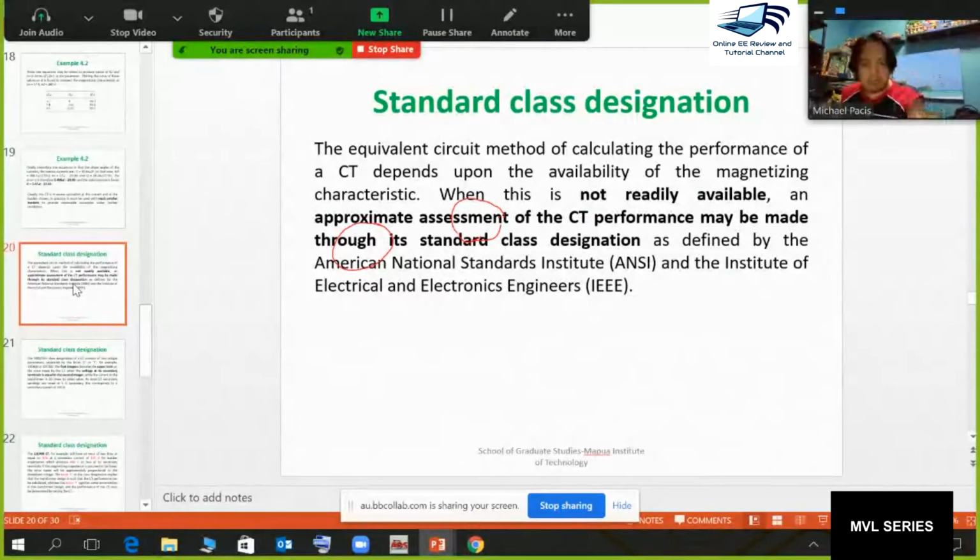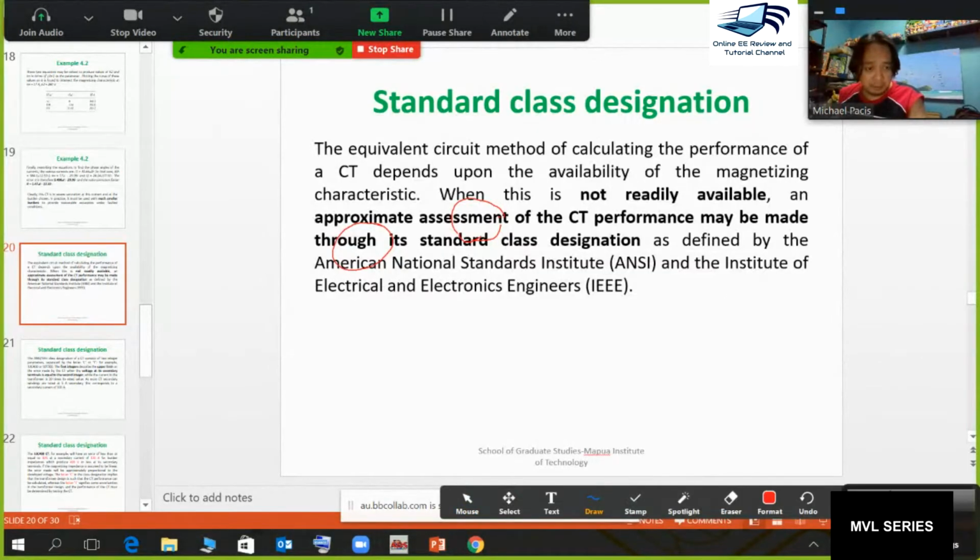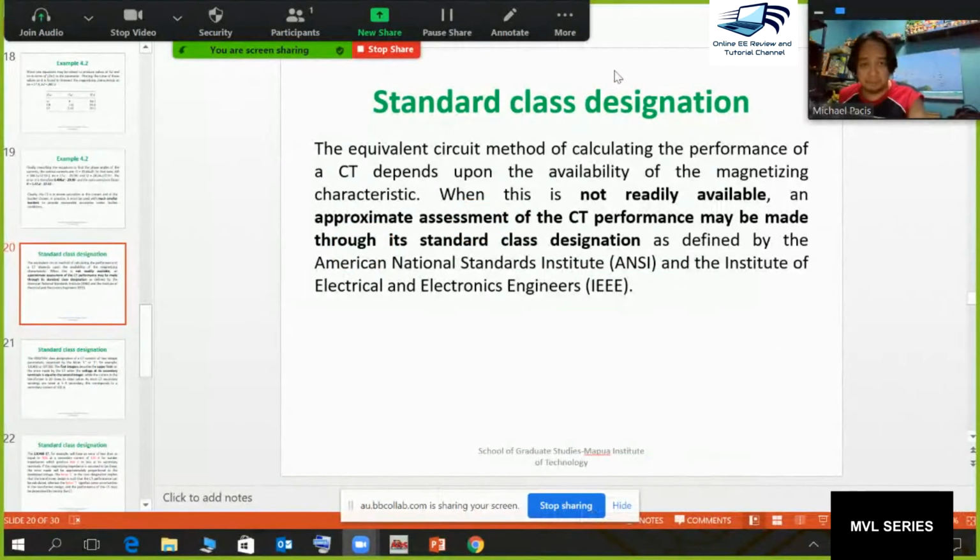Now, there are times that you can also get the burden impedance by a little bit of standard class designation. So we already have the technique of getting it if the ZM is linear or dynamic. Now, how about in terms of class designation? There are some class designations already in terms of your CT.